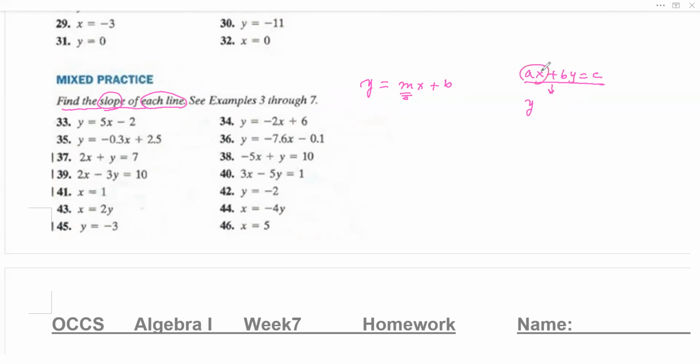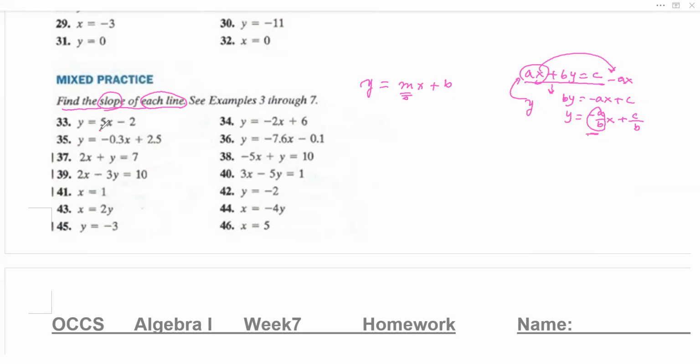So we can move this one to the right part. It became negative ax. Right? So by equals negative ax plus c. So y equals, both sides divided by b. So if they are in this expression, the slope is negative a over b, right? Negative a over b. So if they are in this way, the slope can be defined as negative a over b. All right, let's do 33 first.